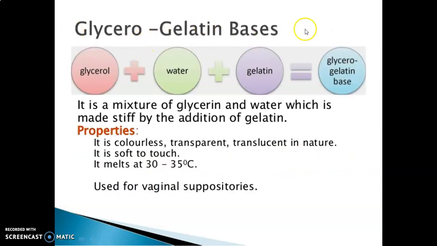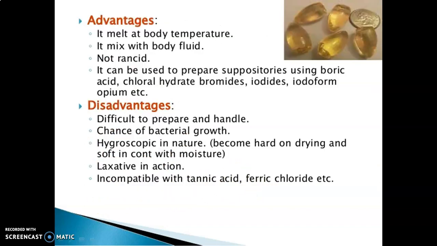Then glycerogelatin bases. See, glycerol plus water plus gelatin gives us the glycerogelatin base. It is a mixture of glycerin and water which is made stiff by the addition of gelatin. Properties are: it is colorless, transparent, translucent in nature, soft to touch, it melts at 30 to 35 degrees Celsius, and it is used for vaginal suppositories.